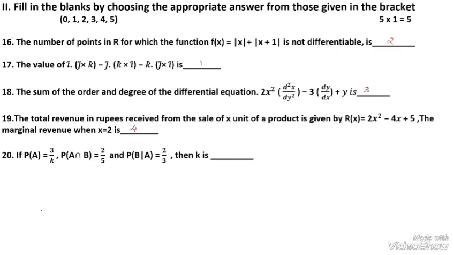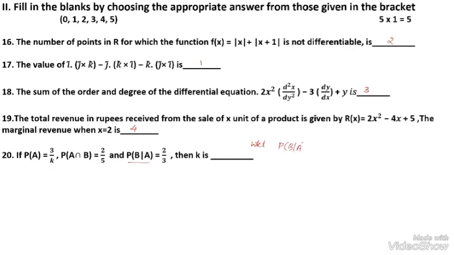Question number 20. If probability of A is 3 by K, probability of A intersection B is equal to 2 by 5 and conditional probability of B on A is 2 by 3, we have to find the value of K. We know the definition.